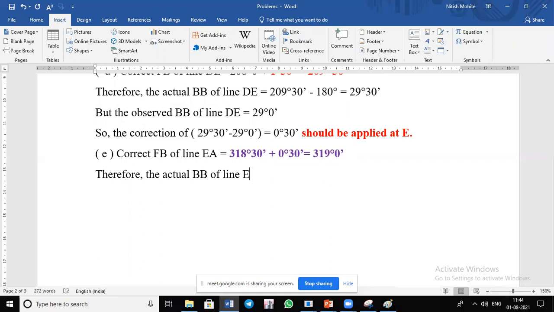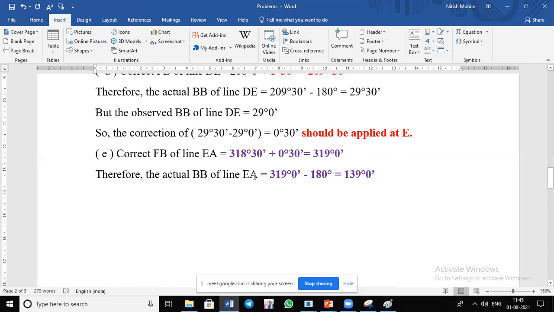Okay. EA, how we are going to calculate it? So just we are going to deduct it from this minus 180 degree. So how much does it come out to be? Yes, you can calculate. It is 139 degree 0 minutes. So this is the closing point.